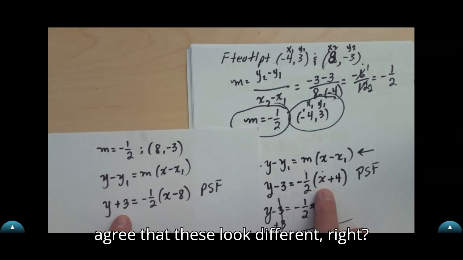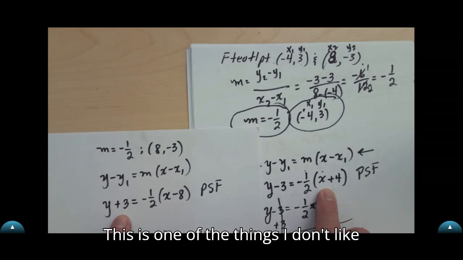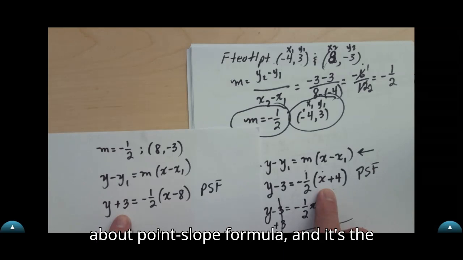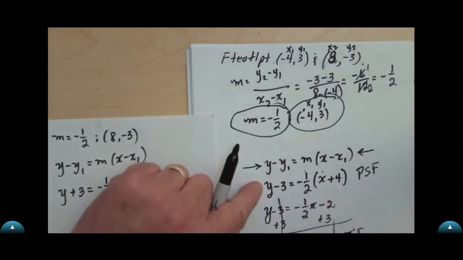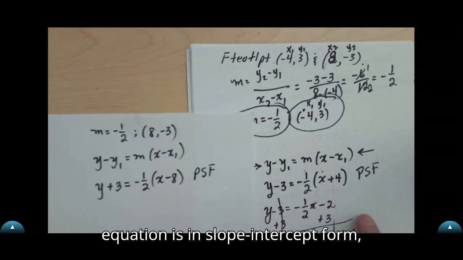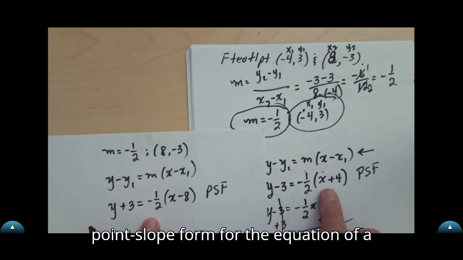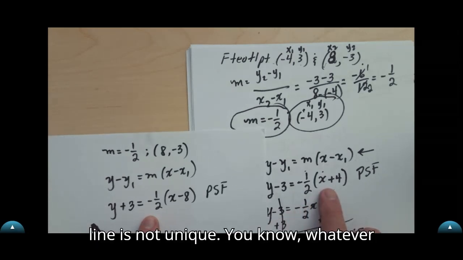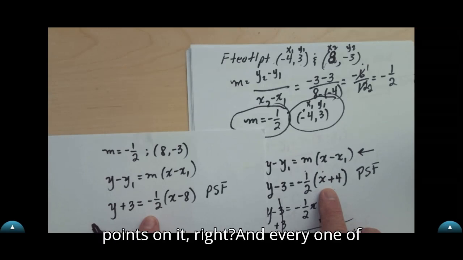Do y'all agree that these look different, right? This is one of the things I don't like about point slope formula, and it's the reason we never use it, except as a way to figure out what the equation is in slope intercept form. Because notice point slope form for the equation of a line is not unique. Whatever that line is, it has infinitely many points on it, right?